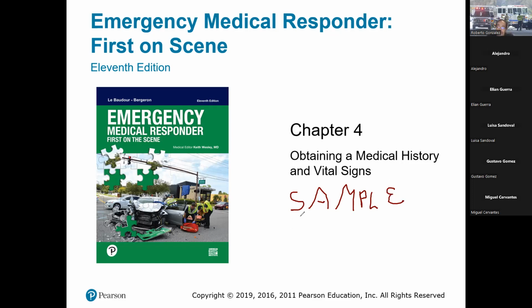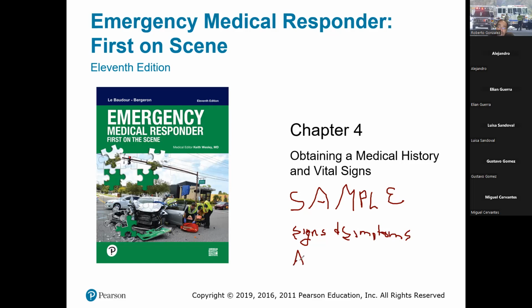S stands for signs and symptoms. And we'll go over what signs and symptoms actually means.